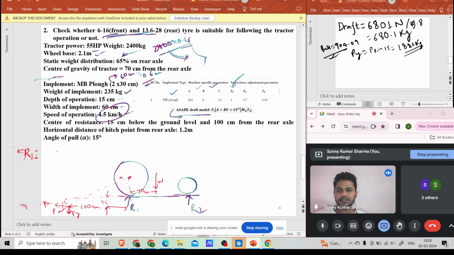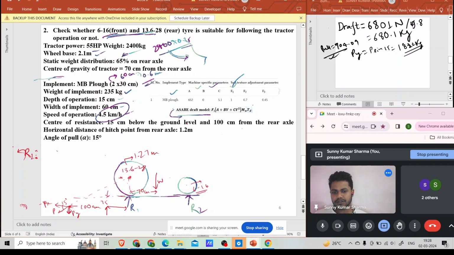The tire radius is given here. Can you calculate it for 616?